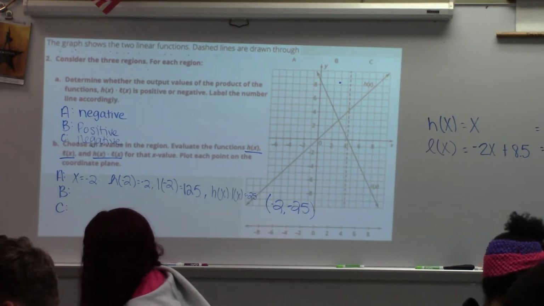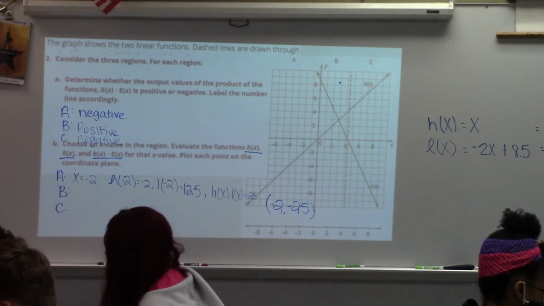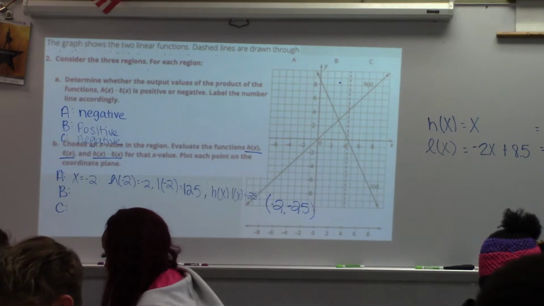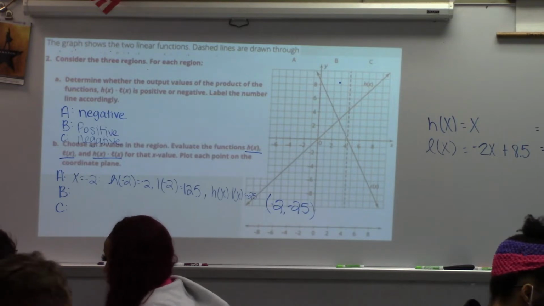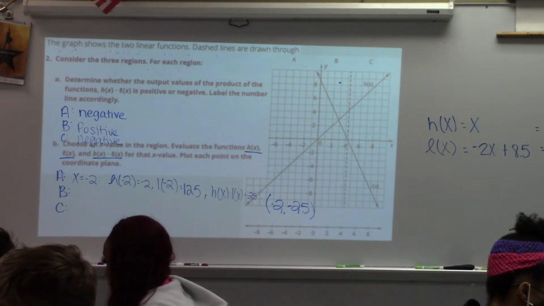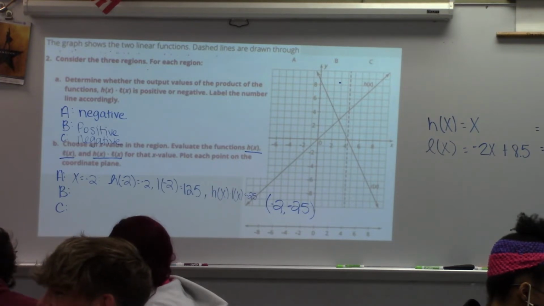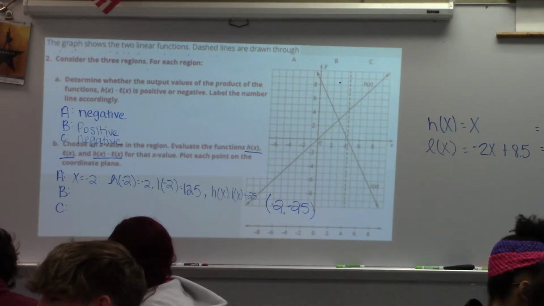Well, that's the x value. So the y value would be what here? What's the y value where it crosses there?